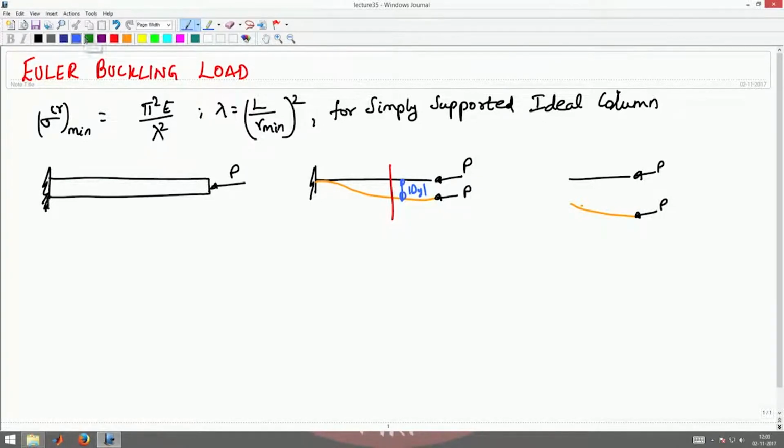then I will have P here and P here. Let us say the tip displacement is delta y max.